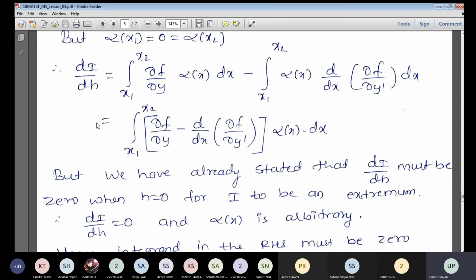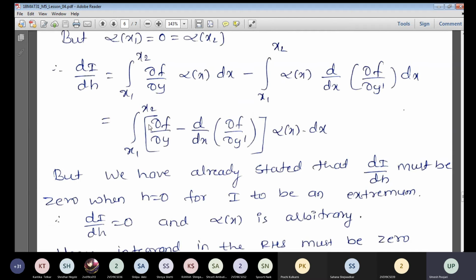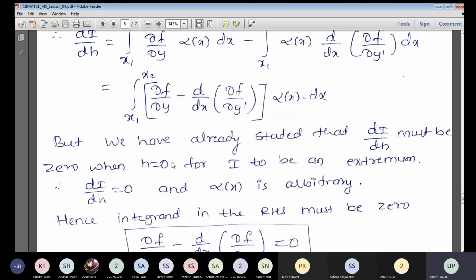So in the left hand side of the above equation we shall take 0, that is dI by dh equal to 0. Then the integration from x1 to x2 of dou f by dou y minus d by dx of dou f by dou y dash, into alpha of x into dx with respect to x, is equal to 0. Correct?